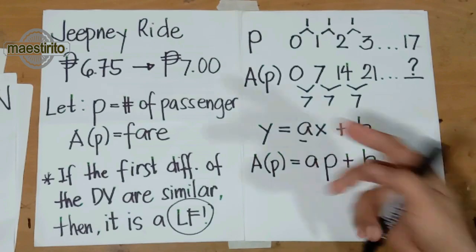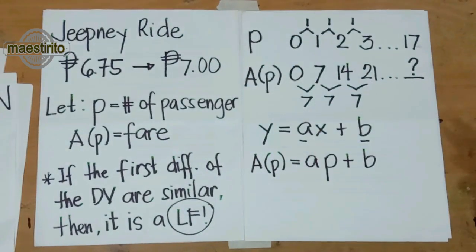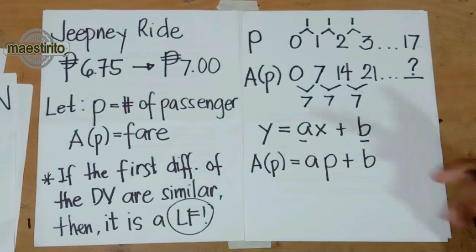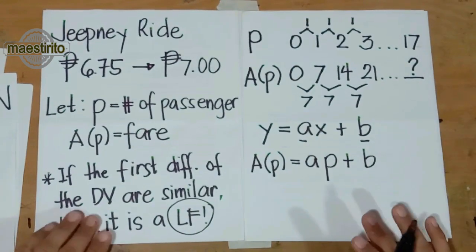Now, to find the model for this problem about the jeepney ride, so that we can find the next values when p is varying, okay?